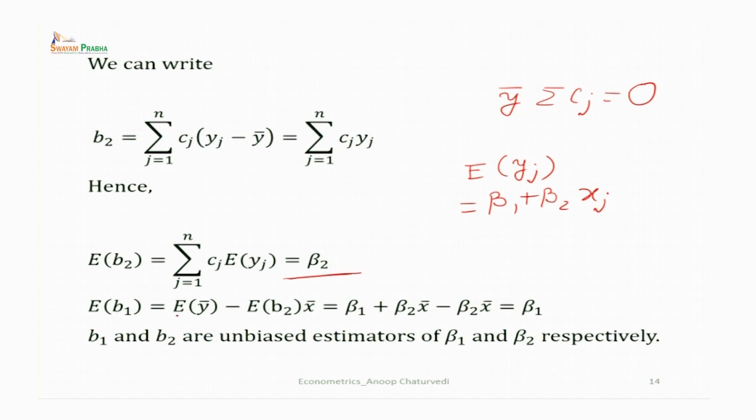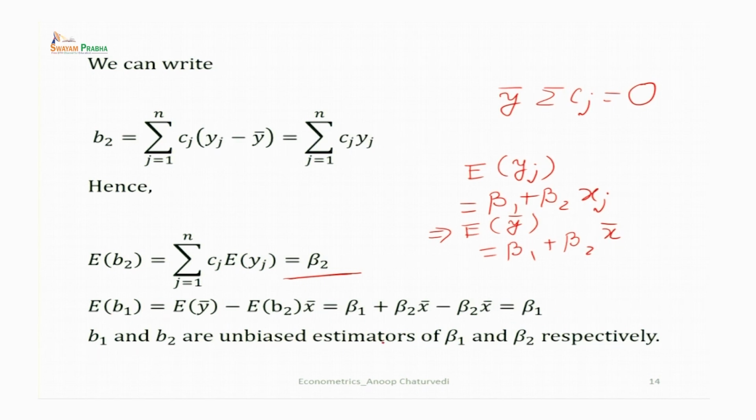Actually, the expected value of y j is equal to beta 1 plus beta 2 x j, so the expectation of y bar is equal to beta 1 plus beta 2 x bar, and then with the expected value of b 2 equal to beta 2, you get beta 2 x bar. So finally, you obtain beta 1. So the expected value of b 1 is beta 1.